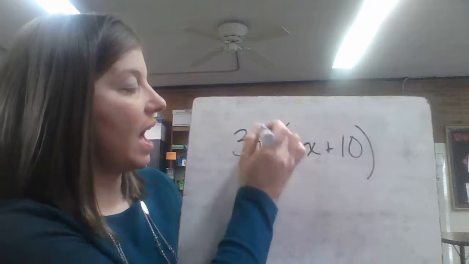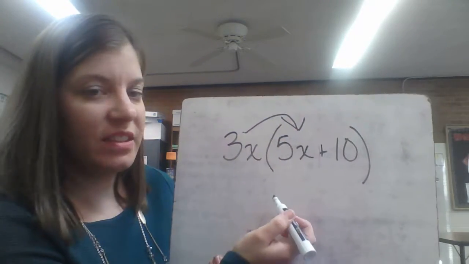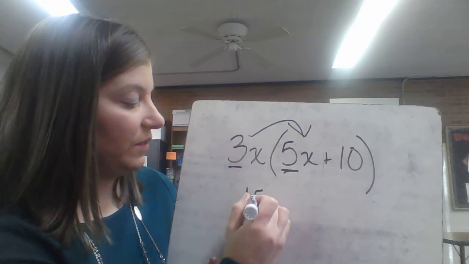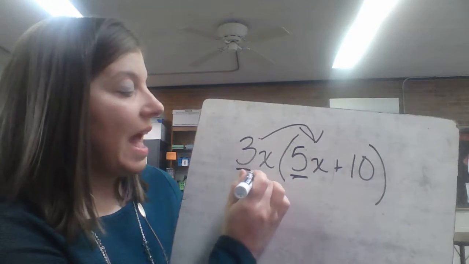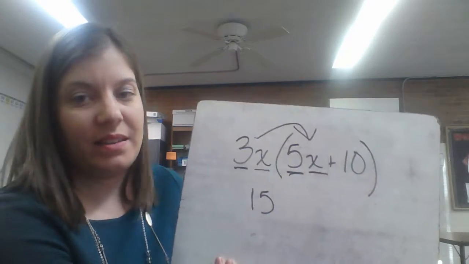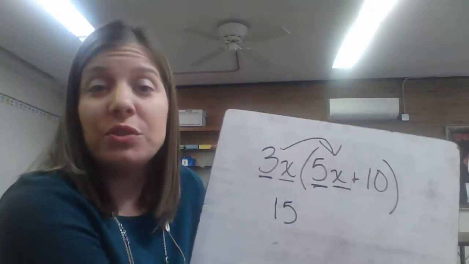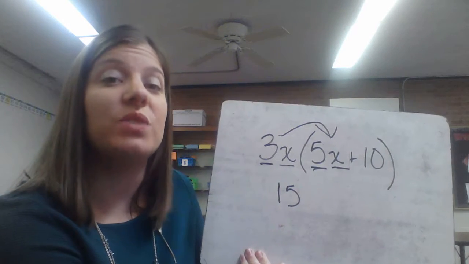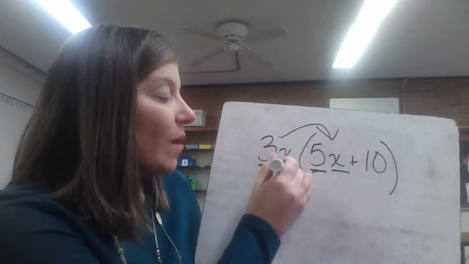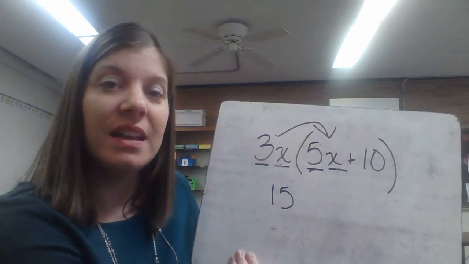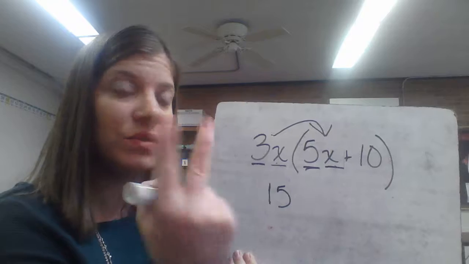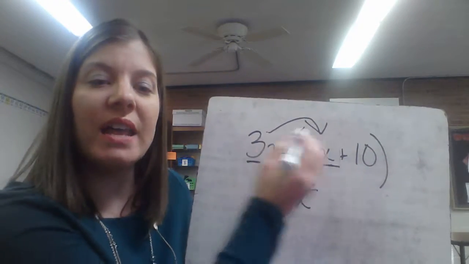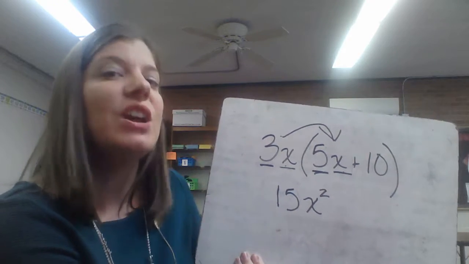I'm still multiplying to everything in there. 3 times 5 is 15. x times x. Remember, 3 times 3 we know is 9, but another way we could say 3 times 3 is 3 squared, 3 to the second power. So x times x, taking a number times itself, we could say is x squared. When you multiply two variables, you get x squared.